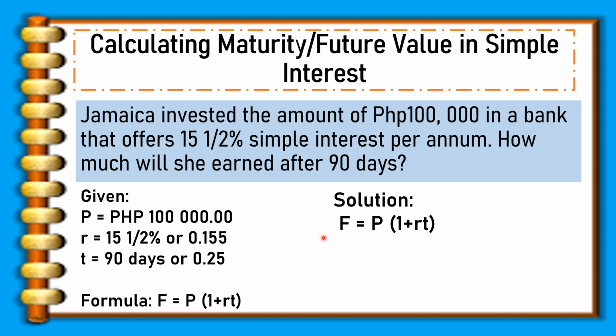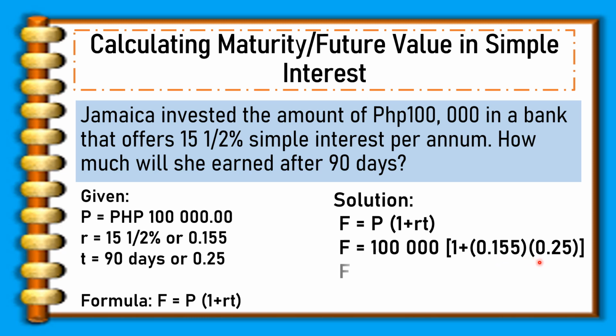For the solution, simply input these values into the formula. P is replaced by 100,000, R is replaced by 0.155, and T is replaced by 0.25. First thing that you will do is to simplify numbers inside the parentheses. So 0.155 multiplied by 0.25 plus 1 is 1.03875.